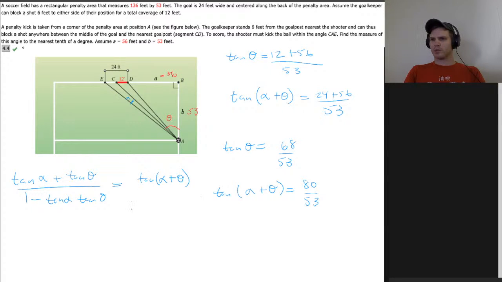And so what do we get? We know this thing, so we can substitute, that's 80 over 53. And then we've got tangent alpha, which is what we're looking for, plus the tangent of theta. We've got that. 1 minus 68 over 53 times tangent alpha.